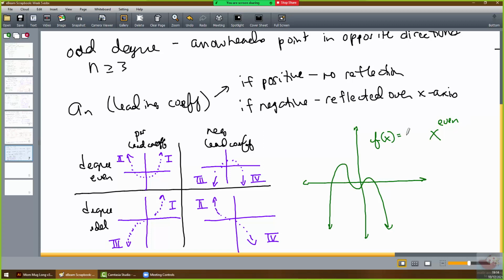Very good, because it's been flipped. So if I gave you that graph and I said, give me an example of the possible leading term, as long as your leading coefficient's negative and your degree is even, it's a correct answer. So if you wanted to say negative 4x to the 6th, cool. That's correct. This is negative. This is even. Infinitely many answers.